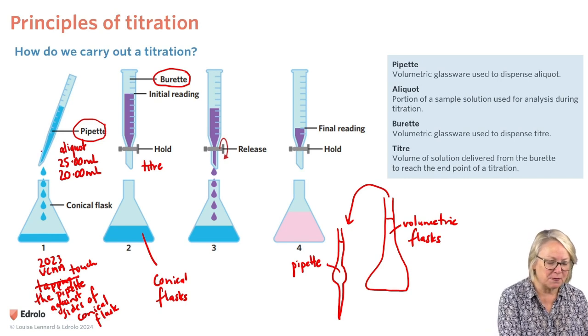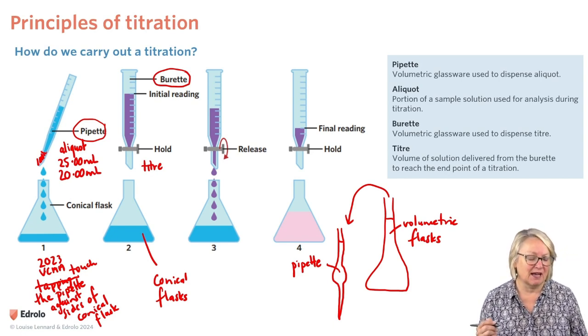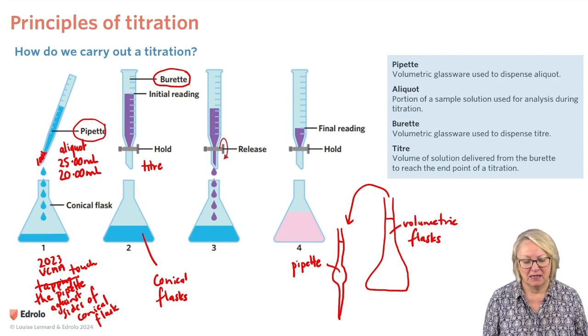Now, there will always be a bit of remaining solution in the tip of the pipette. That's normal. You shouldn't try and blow it out or anything, because that's part of the calibration of the pipette.